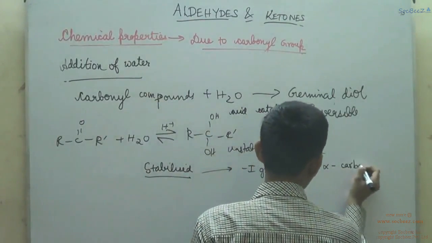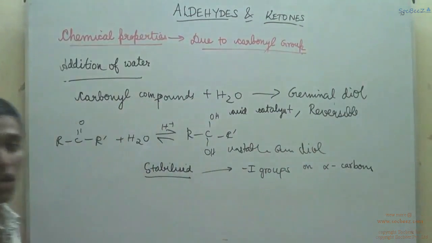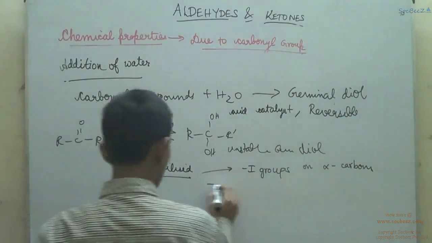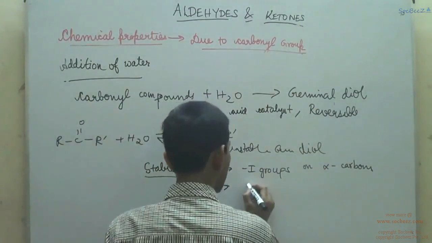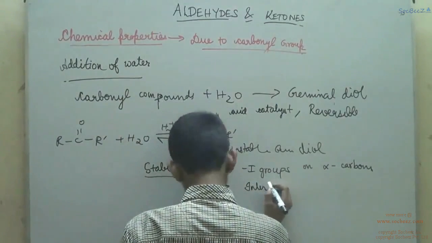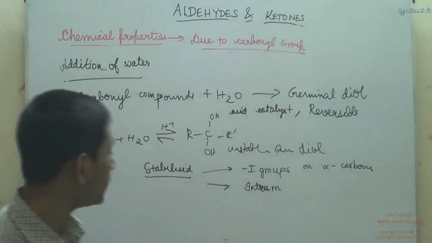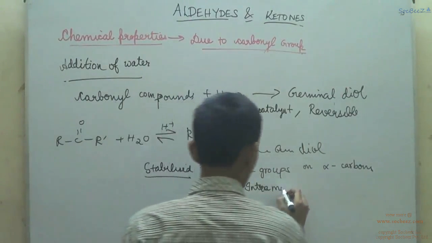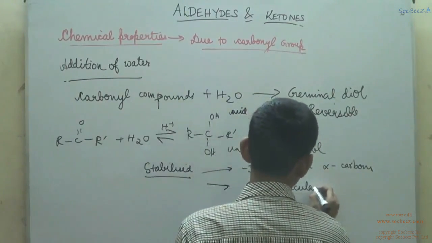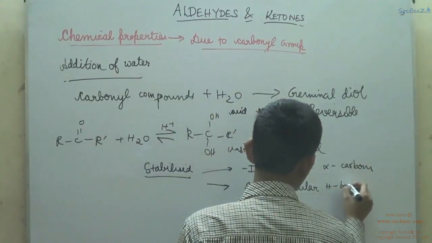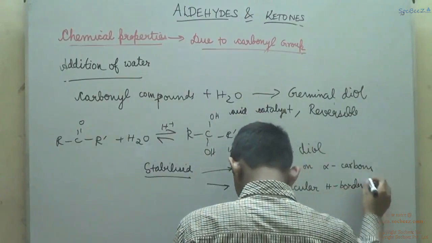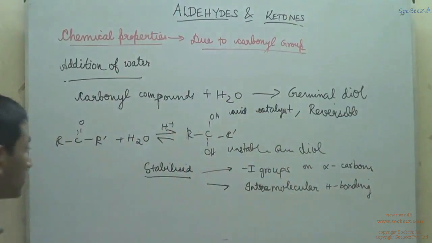If you have -I groups on the alpha carbon, then the gem diol is stabilized, and also if there is intramolecular hydrogen bonding, that is hydrogen bonding present within the same molecule, then the stability is increased.